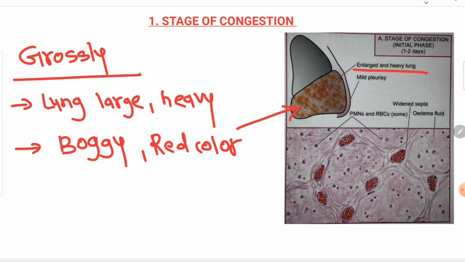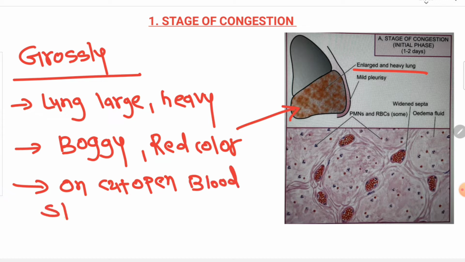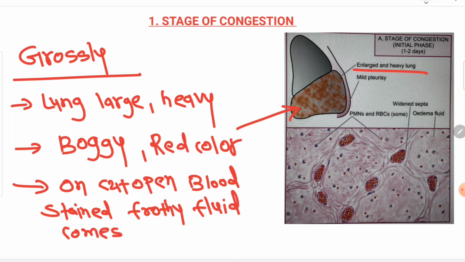As you can see in the diagram, the lungs are heavy, boggy and red in color. If you cut the lung, then on cut open, blood stained frothy fluid comes out. That is the stage of congestion. The name is given because the lungs are congested in this stage, and it will remain for 1 to 2 days.